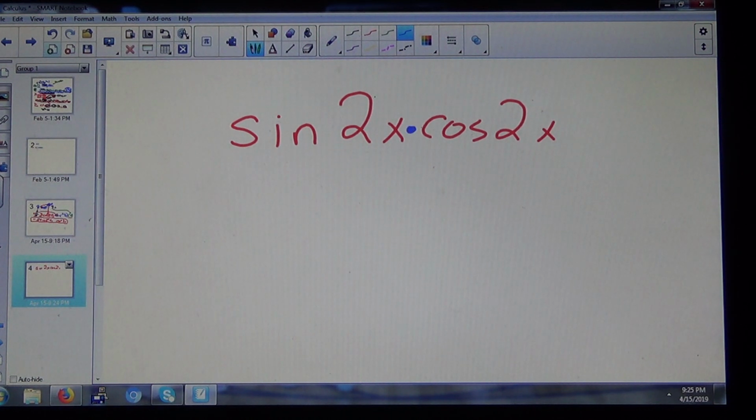Notice there's multiplication there, so know what you gotta do to start. Product rule.